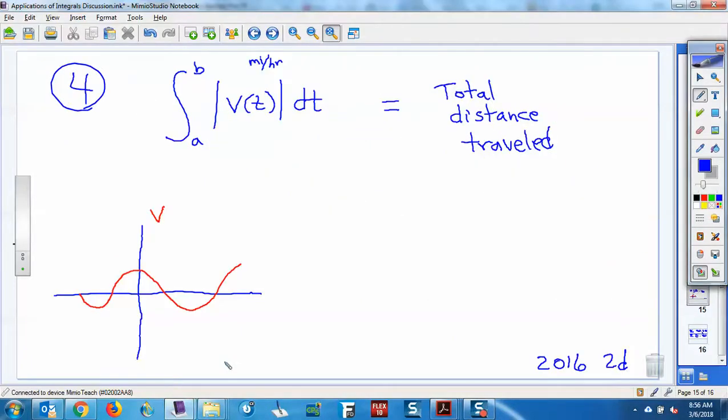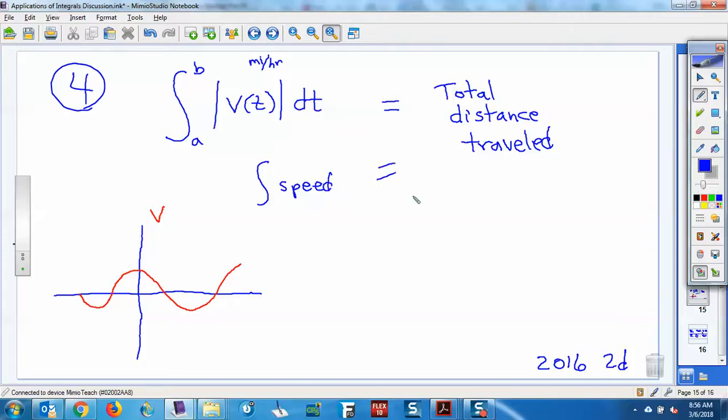This is quick. Number 4. It's another one we've kind of talked about already. But if you do the integral of the speed graph, you get total distance traveled.